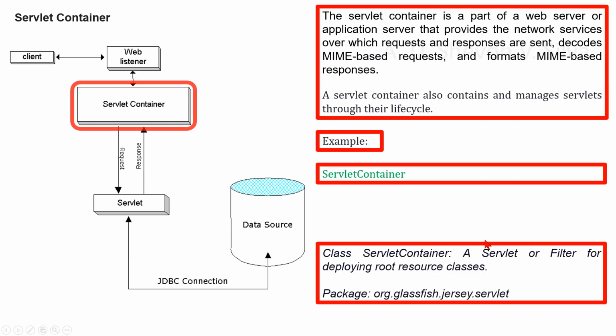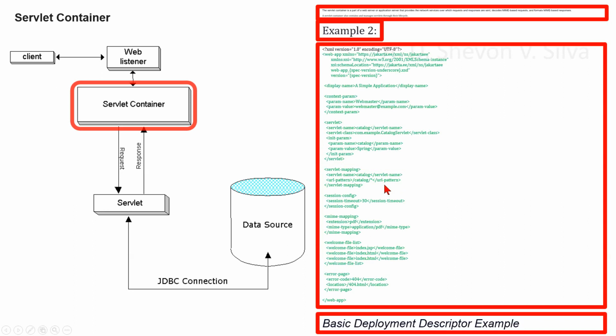As an example, we can consider class ServletContainer, a servlet or filter for deploying root resource classes. This is in package org.glassfish.jersey.servlet. Here you can see the basic deployment descriptor example.